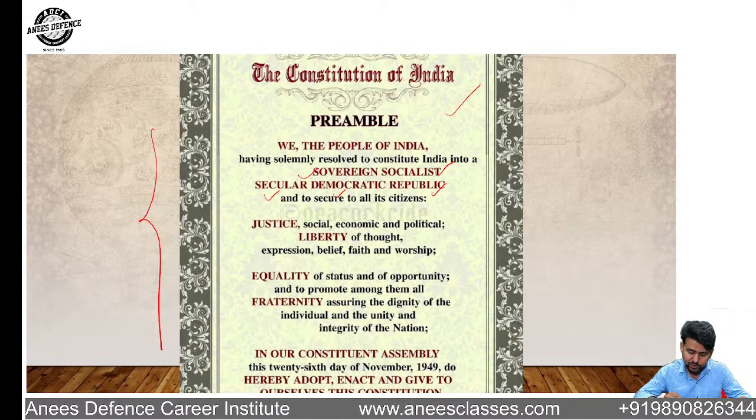After sovereign, we come across the word socialist. If you translate it into Hindi, it is Samajwad. What is Samajwad? It has different connotations: social, political, and economic. But by and large, Indian socialism is a mixed model where capitalism and socialism exist together.